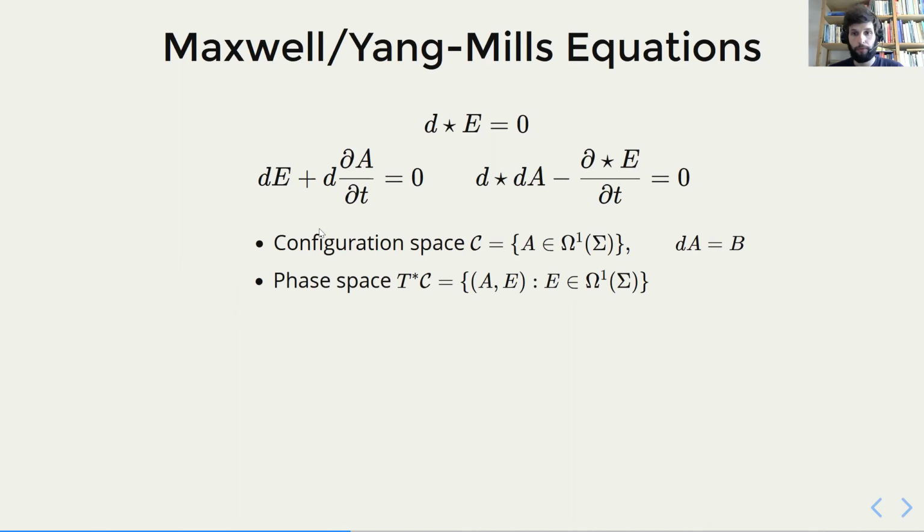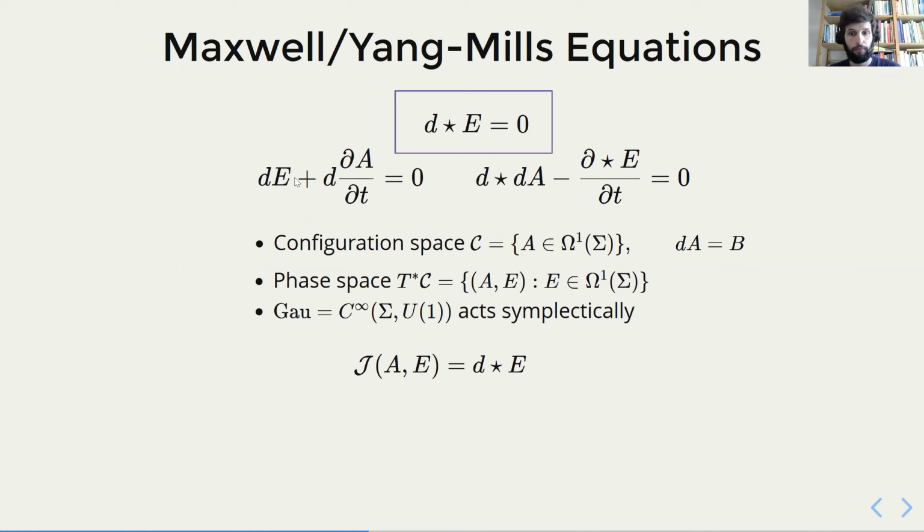So the 2 variables A and E, you can view them as points in the phase space. And of course, we also have a natural action by the gauge transformations, which are in this case just U(1)-valued functions. And they act symplectically on the phase space, and the momentum map you can calculate, and it turns out that the left-hand side of the Gauss law is exactly the momentum map.